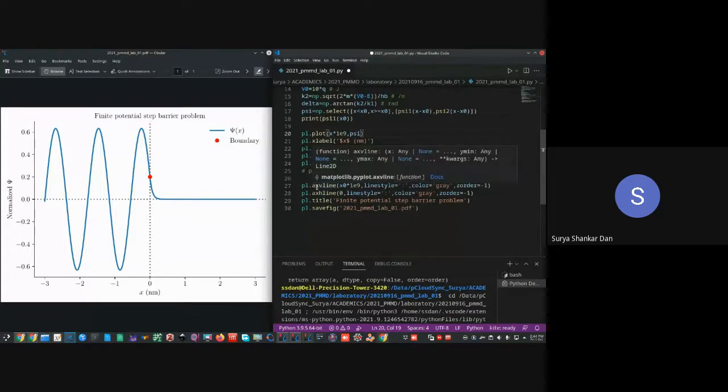The reason why I have drawn this is I wanted to highlight the exact location of the junction of the barrier. Okay, in most of your codes you have not highlighted this, but anyway it is okay, that's fine as long as you understand it.